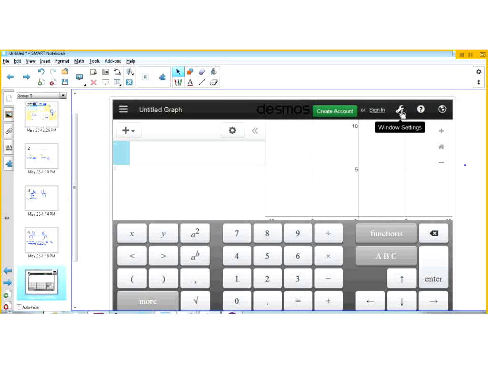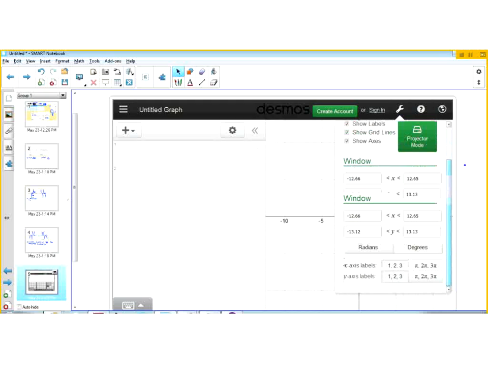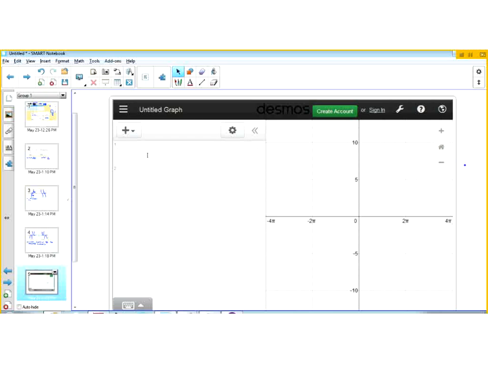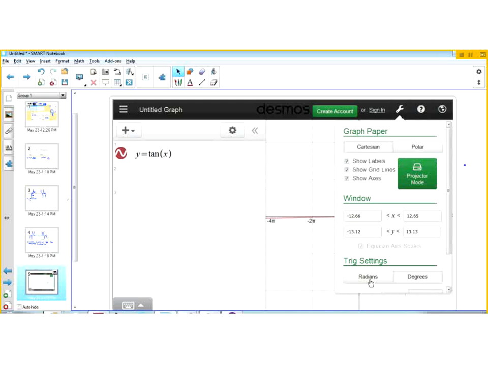Okay, so we'll configure our window properties to be Cartesian. We'll use radians, and we'll set our x-axis labels to multiples of pi, right? So like that. Okay, and so we'll look at the graph y equals tangent of x. Oops, the window properties didn't look like they got set right. Radians, please. There we go.